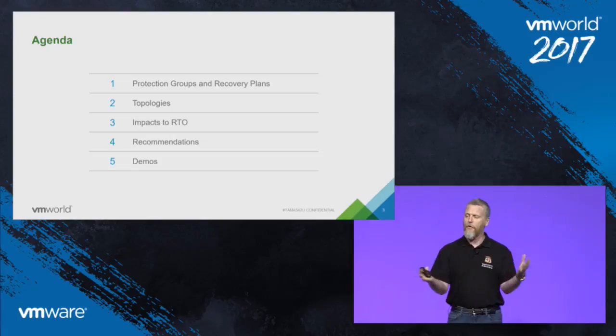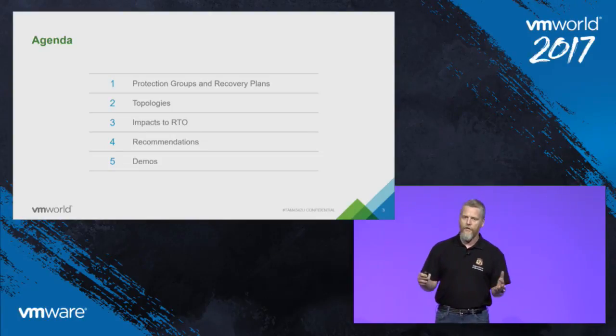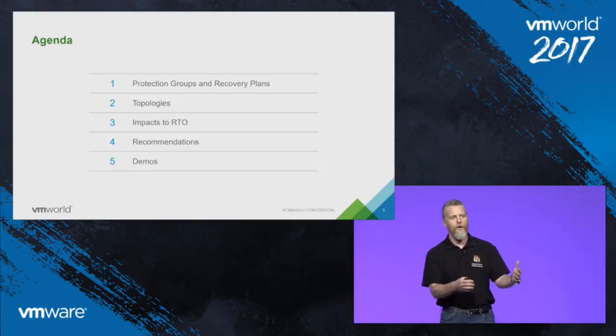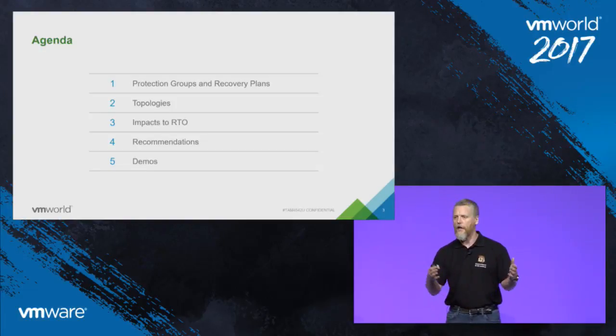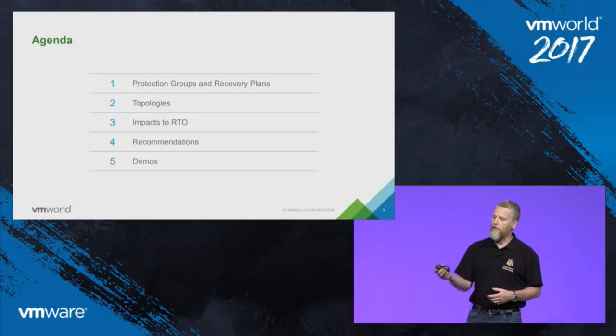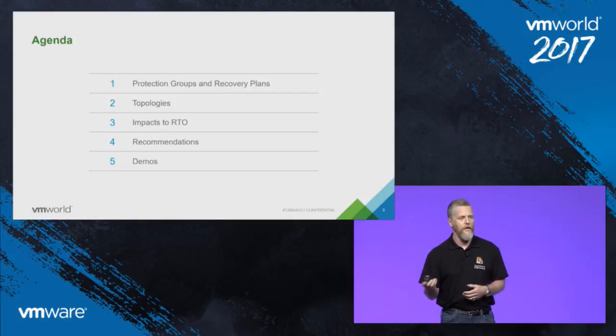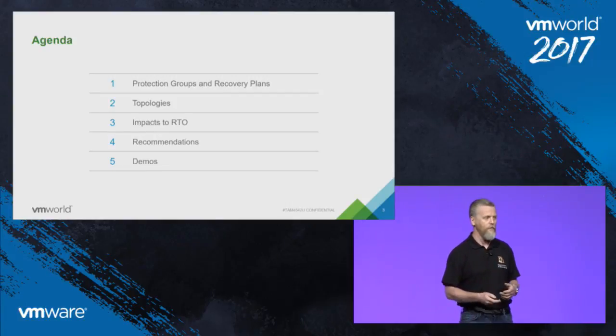As with most things in this presentation, there are trade-offs. There are ways to reduce your RTO, but they're going to have impacts in other places, and we'll try and talk about those. I've got some recommendations, and then I've got a couple of demos that I'll try and run through at the end. So a lot of content.